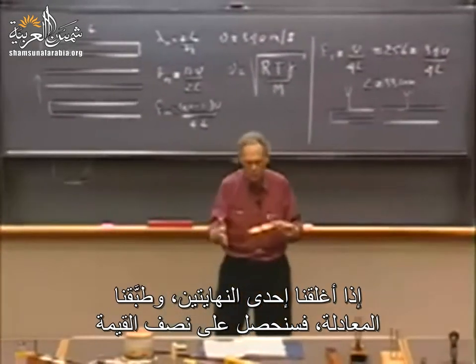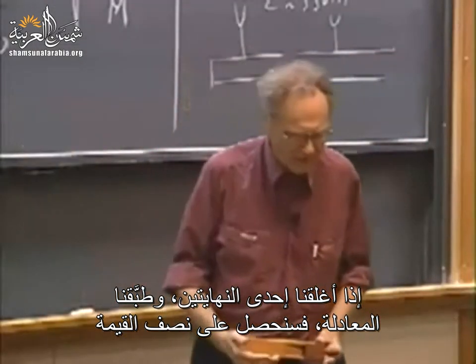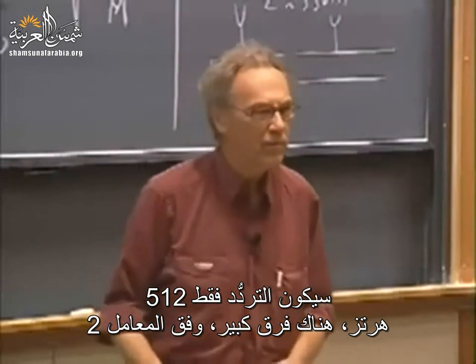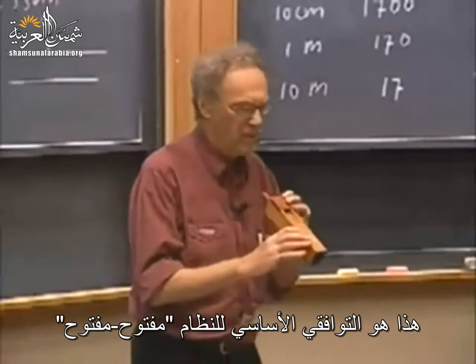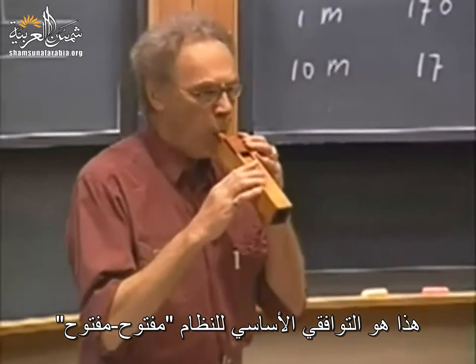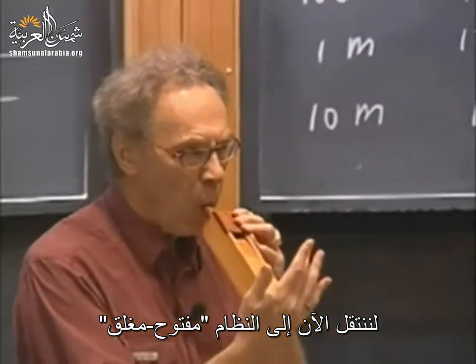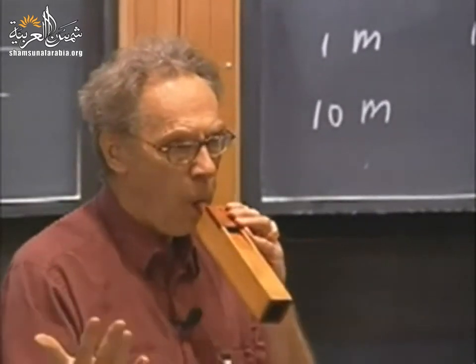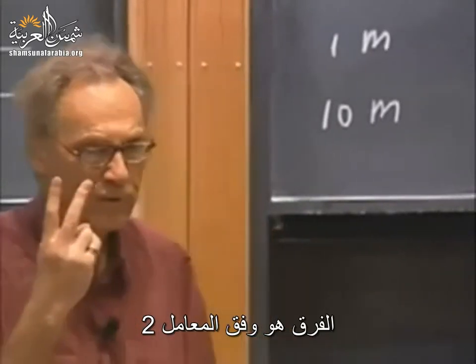But if you make it closed at one end, and you apply this equation, you will get half that, so you only get 512 hertz. A big difference, factor of 2. So this is then the fundamental for open-open. And now comes open-closed. Factor of 2 difference.